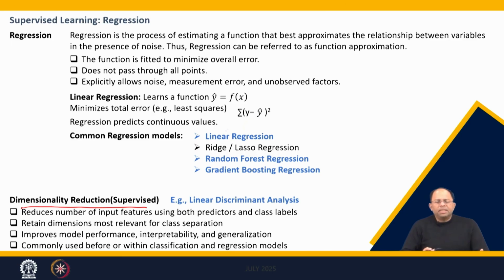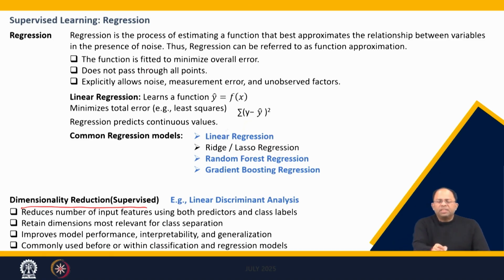Now regression is the process of estimating a function that best approximates the relationship between variables in the presence of noise. And so of course that's why regression can be referred to as function approximation. That means we are approximating a function. We cannot match exactly, because there would be noise, so it cannot match the data points exactly.